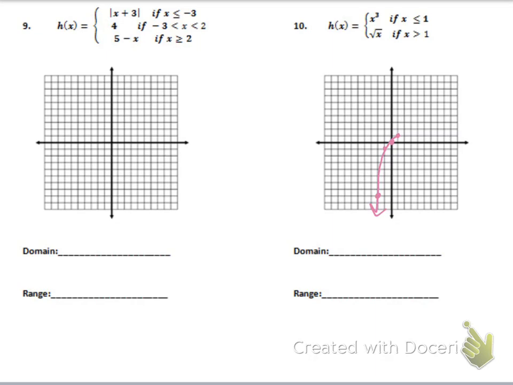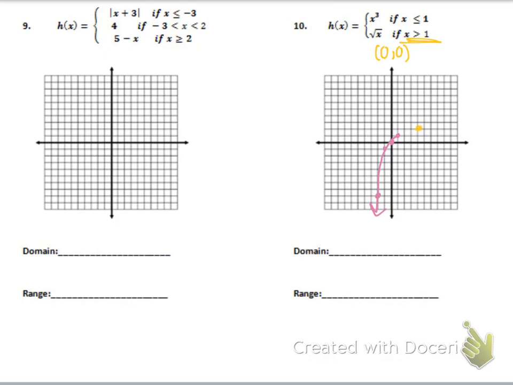My next one's the shooting star, so 0, 0. It's the opposite of my parabola, so it's going to be 1, 3, 5 to the right. So it starts at 0, 0. I'm going to want everything bigger than 1, so basically everything to the right of 1. So that 0, 0 I'm not going to want, but it would go right 1, up 1, and then it would go up 1, right 3.